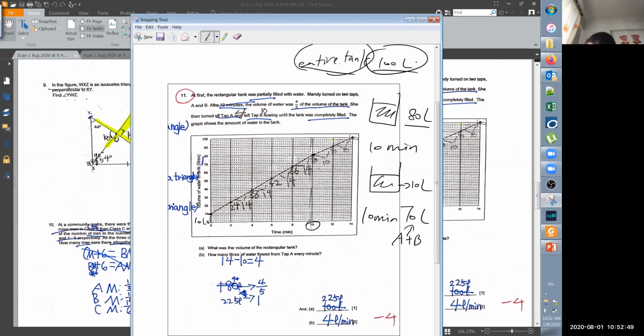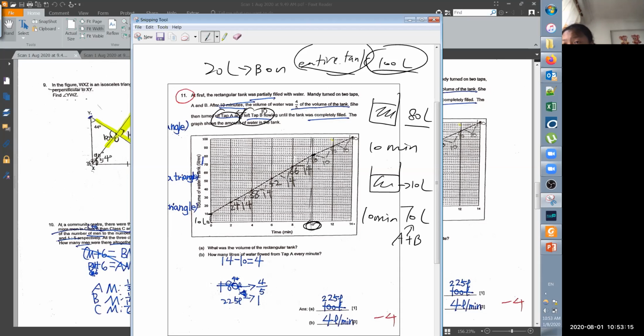So she then turn off until the tank was completely filled. So turn off A, but left B on. Okay, until the tank was completely filled. So that means the 20L is for B to finish. Am I right? So B on for how long?